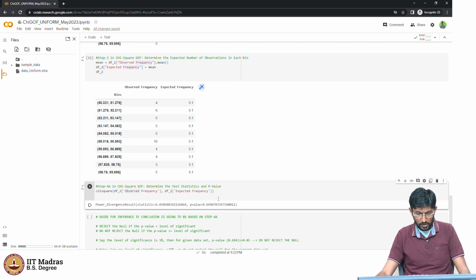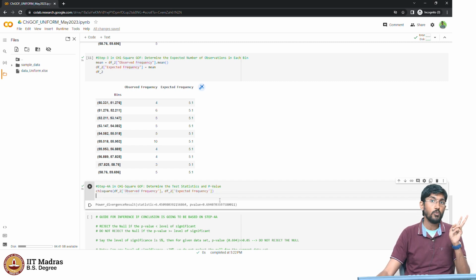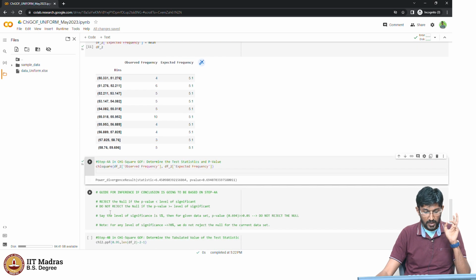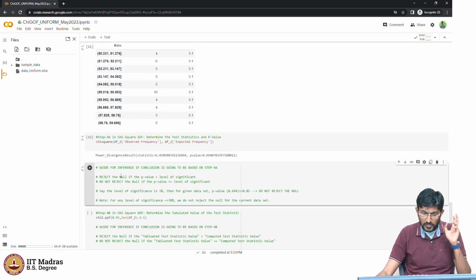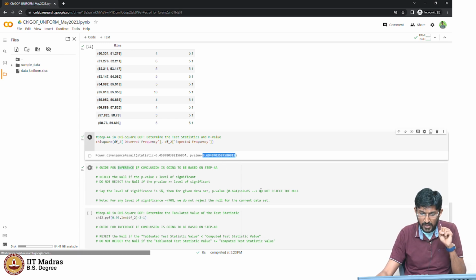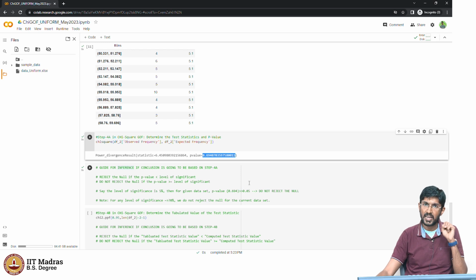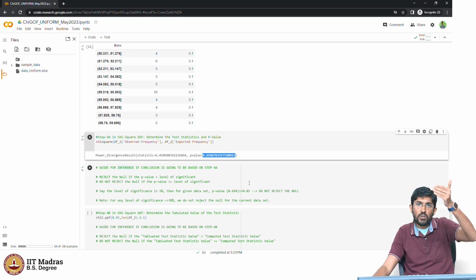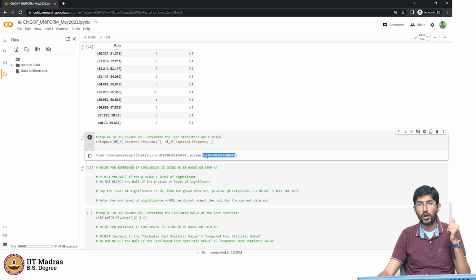So now that I've got these two, I can use any one of the two methods to make a conclusion. Let's say I am going to use the first technique, which is based on the p value, right? So if I have to conclude based on the p value, I have to compare this value of 0.694 with a level of significance alpha, and if this 0.694 is less than the alpha, I would say reject the null hypothesis, which means I would say that the population does not follow a uniform distribution, right?